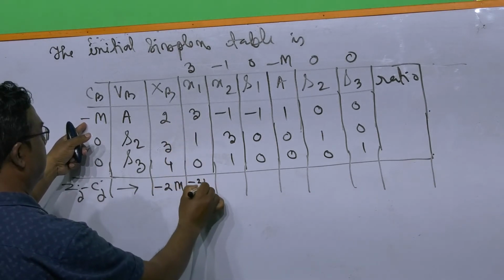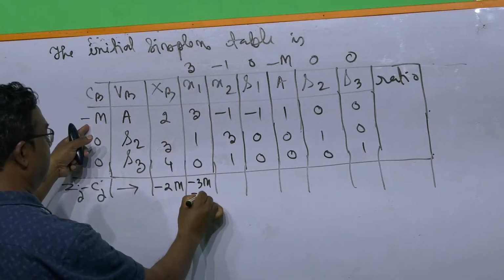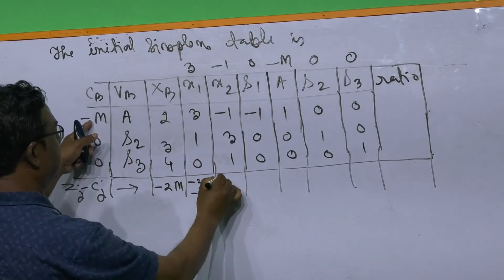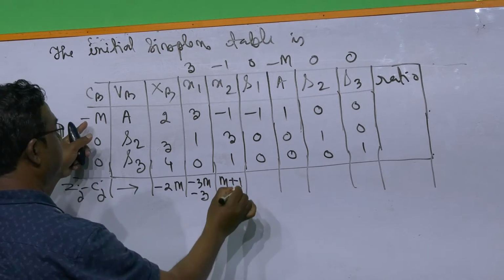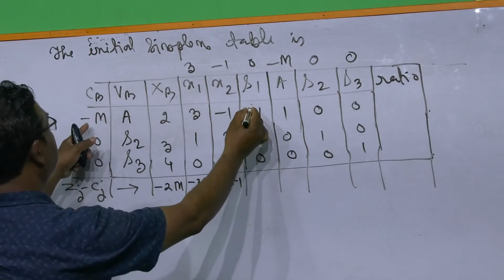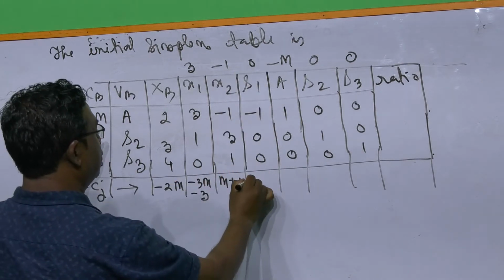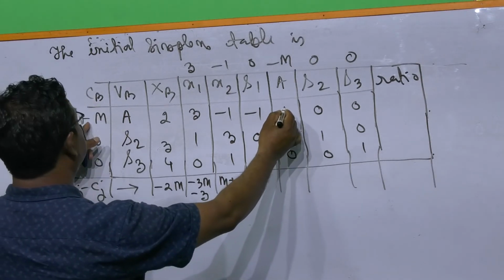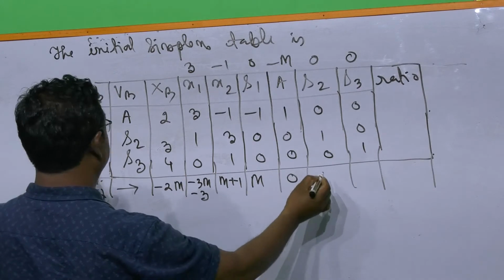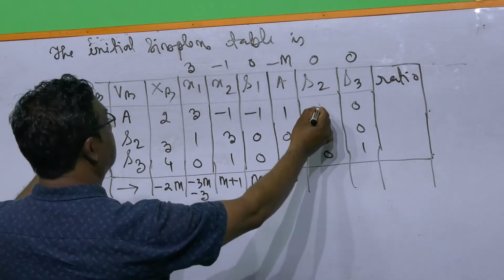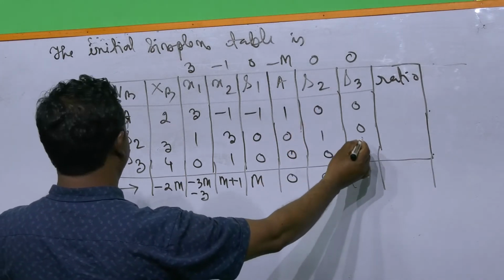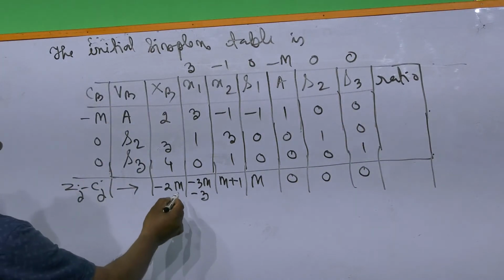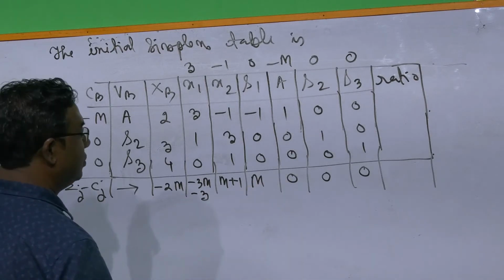Then subtract minus 3, then this is 0, this is 0, M, then plus 1, 0, 0, this is M minus 0 means M, 0, 0, this is minus M, 0, 0, 0. Yes. So now you check the elements in the last row.